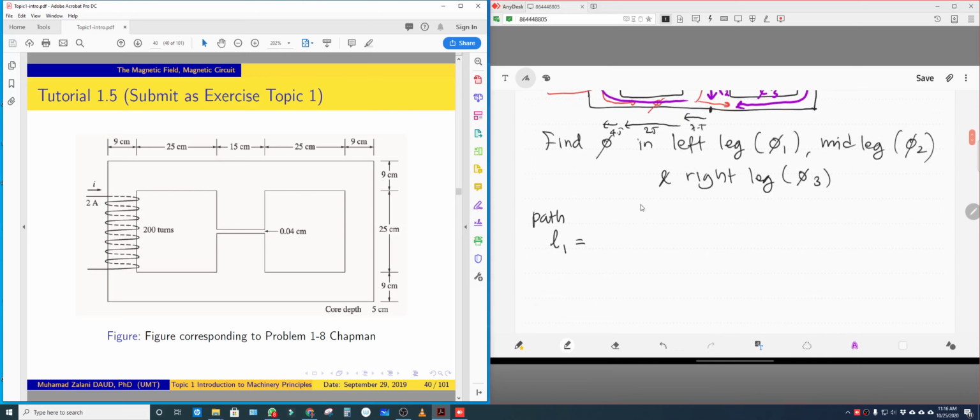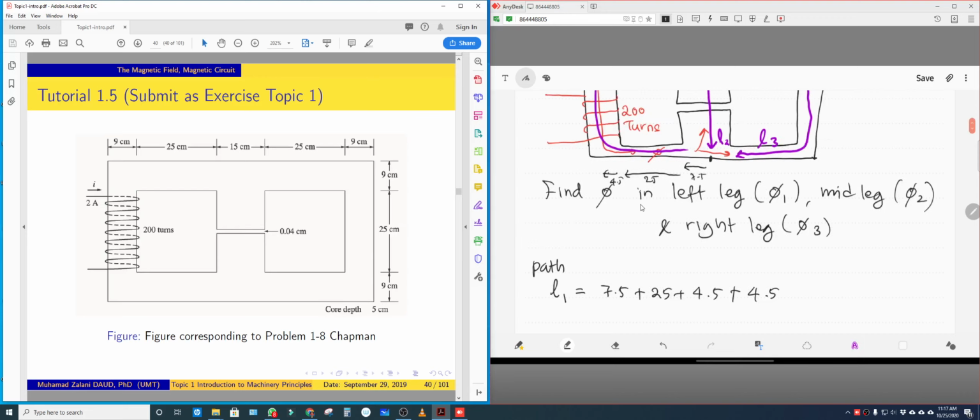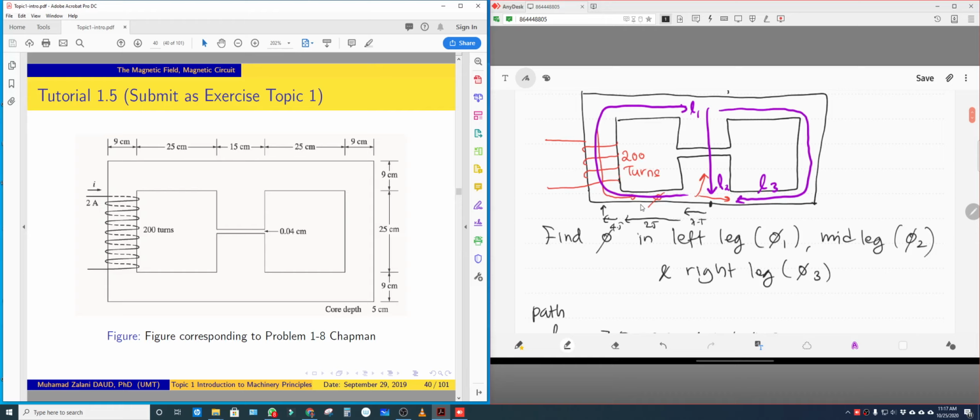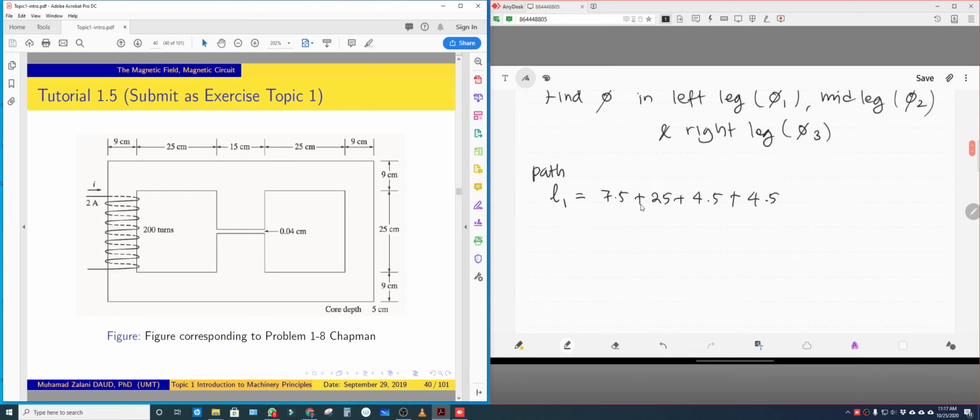So we calculate it. 7.5 plus 25 in cm, then 4.5, then 4.5 again, dia tambah 4.5 lagi kan, sebab ini 25 pula lepas tu.